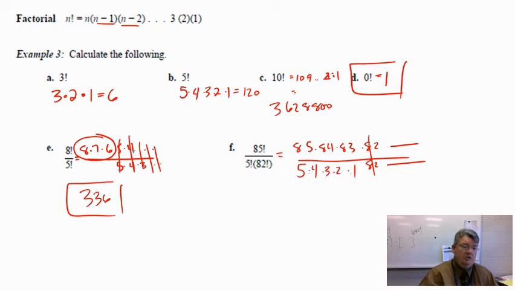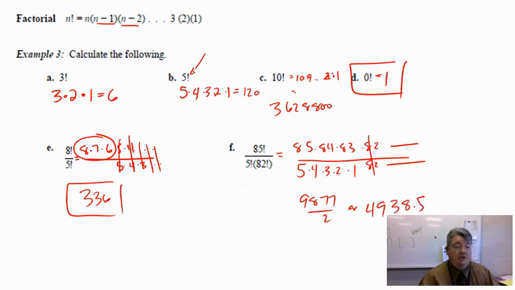Now I can start reducing this, or I could type that in my calculator. I get 85 times 84 times 83 all over 5 times 4 times 3 times 2 times 1. I guess I could have put 120 because I had that right there, right? Anyway, I get 9,877 halves, or as a decimal, 4,938.5. But the point is, these factorials, some of them will cancel.